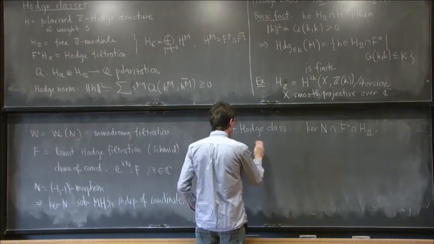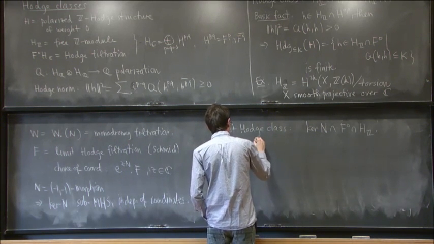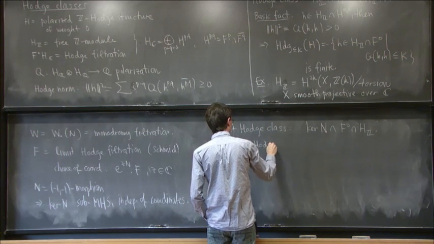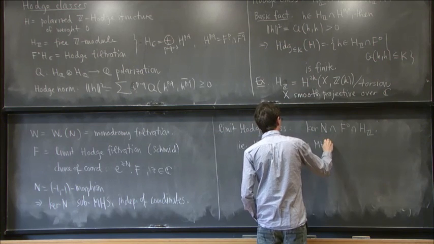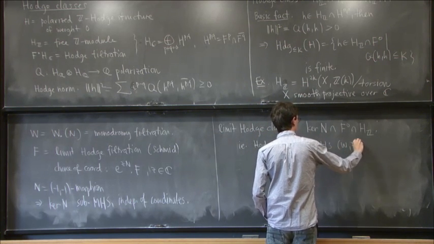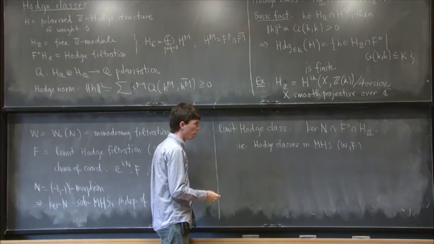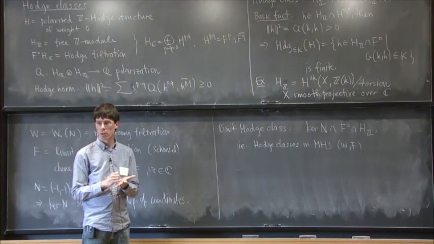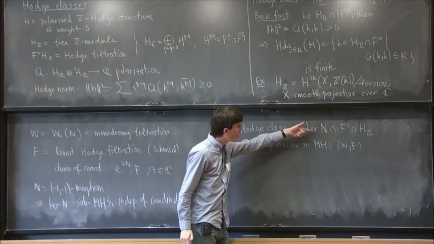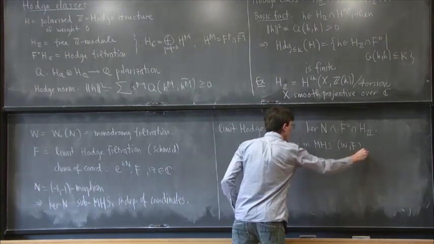So, i.e., these are usual Hodge classes in this mixed Hodge structure, i.e. a morphism from Z(0) into this mixed Hodge structure, but with the additional property that they have finite order monodromy. So with finite orbit under T.